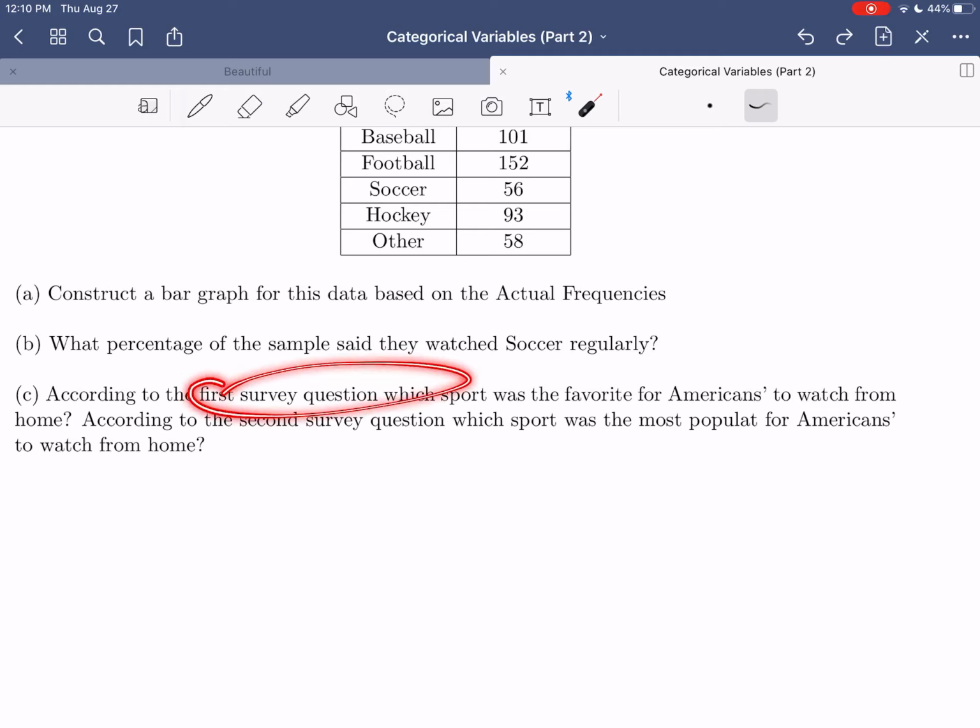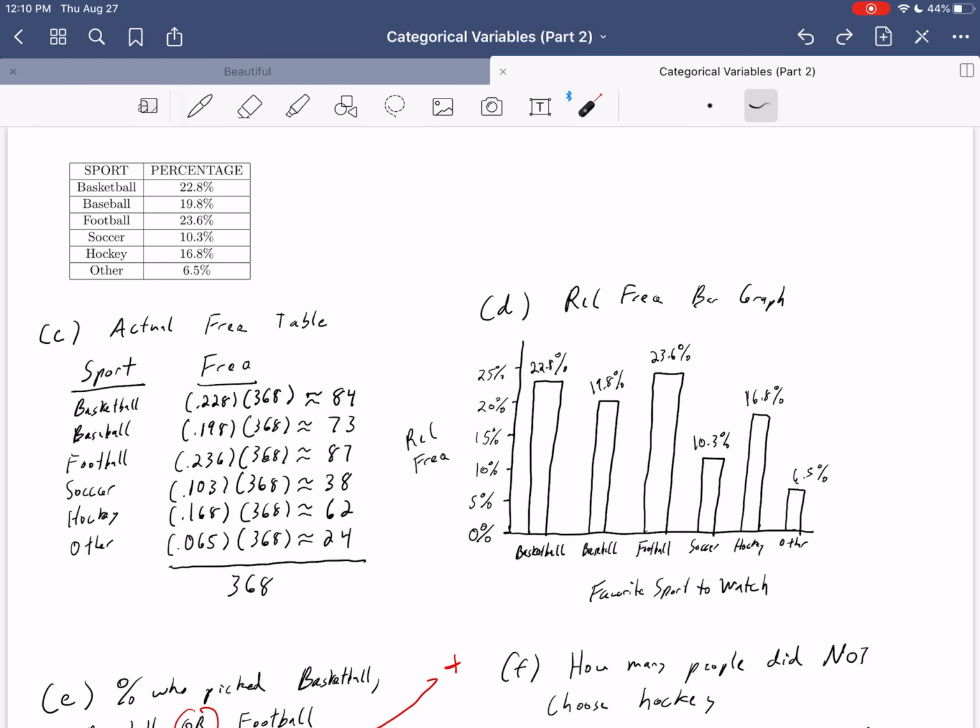Let's go back to the first survey question and think about which was the favorite to watch from home. If we go back here, we can look either based on the frequencies or probably more easily on the relative frequencies. Football just narrowly won out over basketball as the favorite sport to watch from home. 23.6% of people chose football as their favorite. Now, is that true when we just switch the question from favorite to watch regularly?